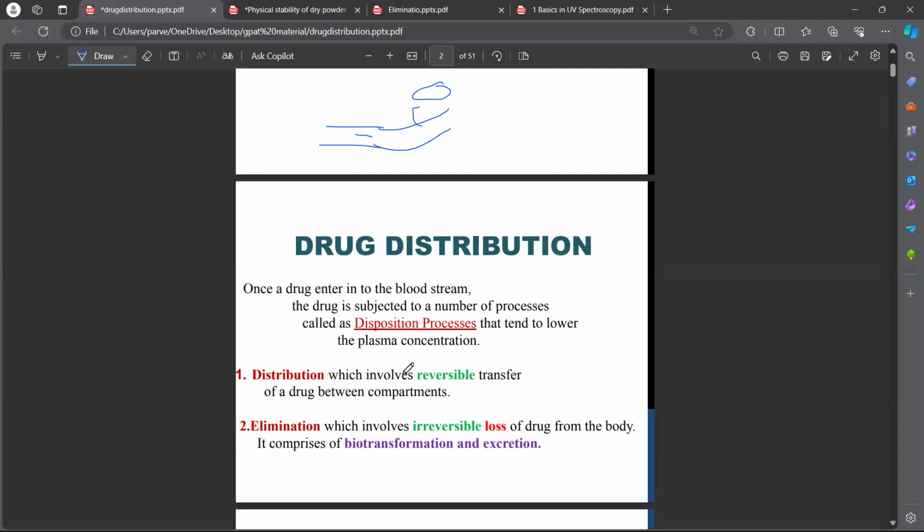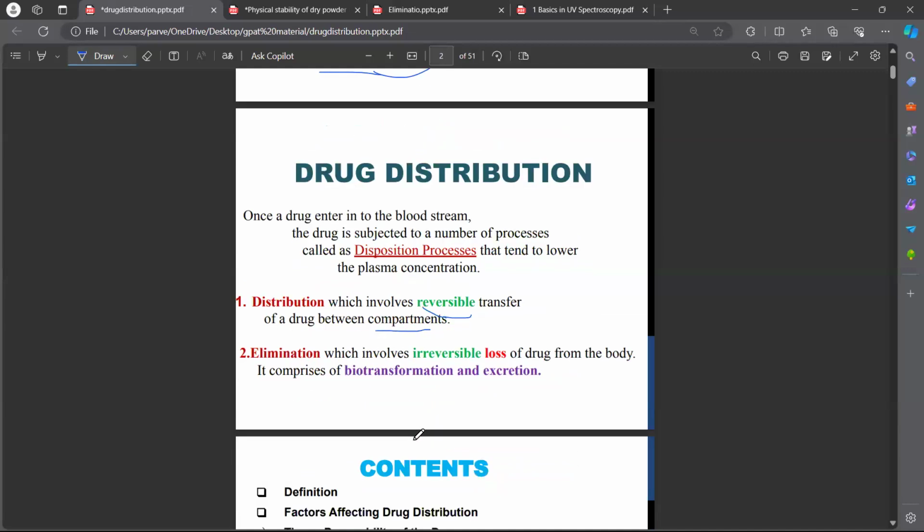First one, distribution, which involves the reversible transfer of drug between compartments. A compartment is nothing but the different tissues. Our body is divided into many compartments, and each compartment is each tissue. So the distribution of the drug occurs between the different compartments.